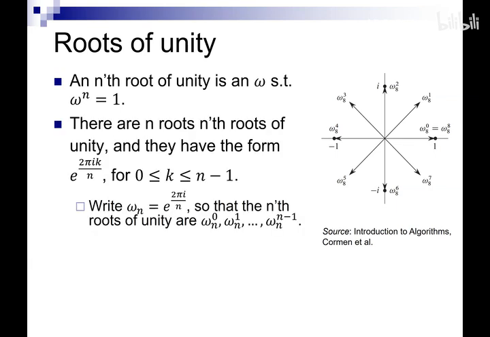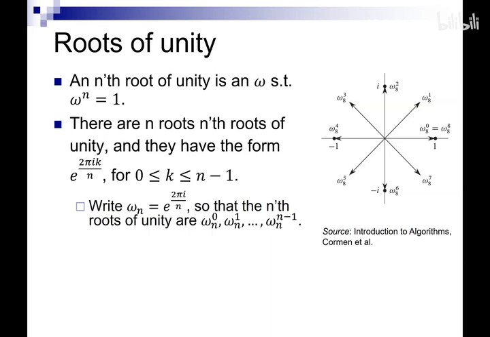In fact, the solutions to this equation lie in the complex plane, on the unit circle. We just take the unit circle and break it into n even parts, and each one of those defines a complex number which solves this equation.